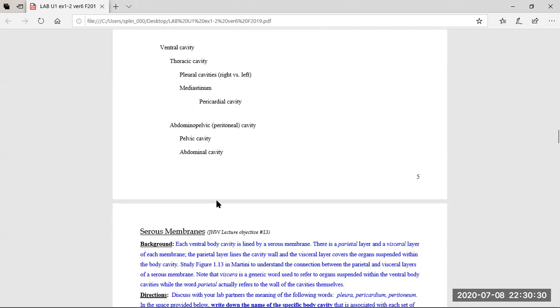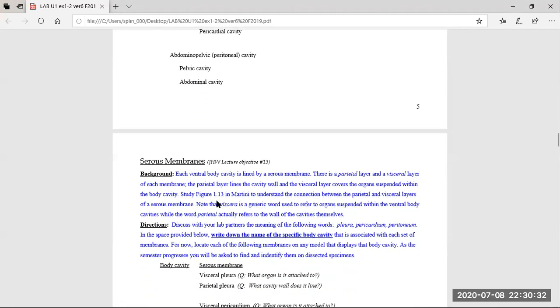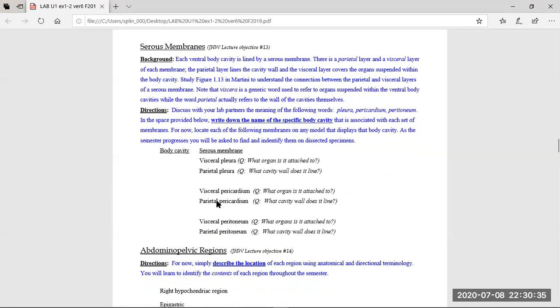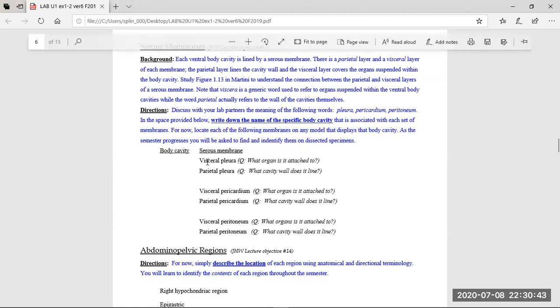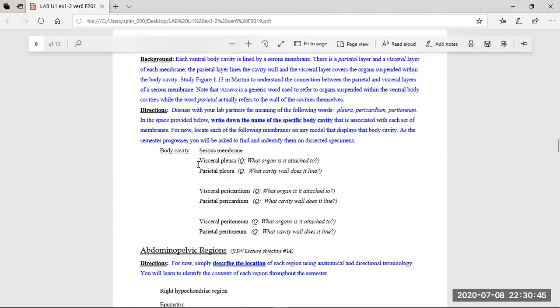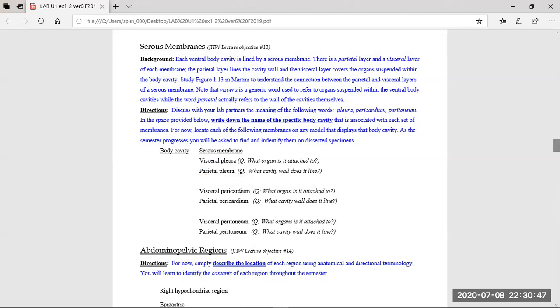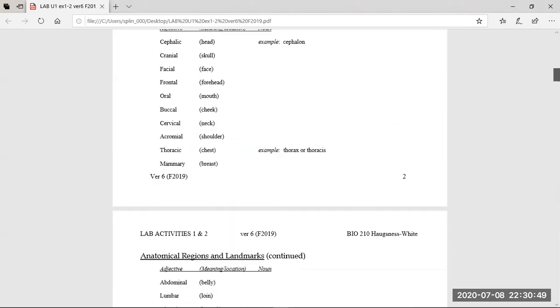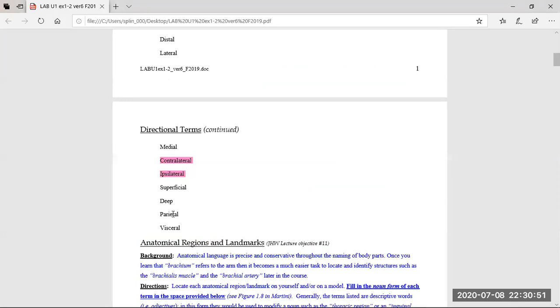So now moving along, we come back to serous membranes. We've already now described the terms for visceral and parietal. And we'll just quickly go back to that here at the beginning. Parietal and visceral.